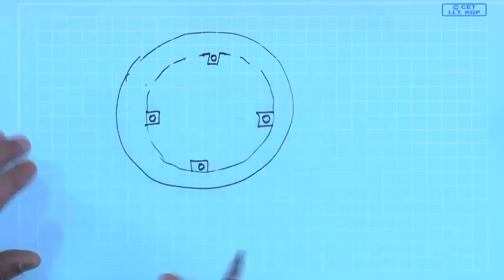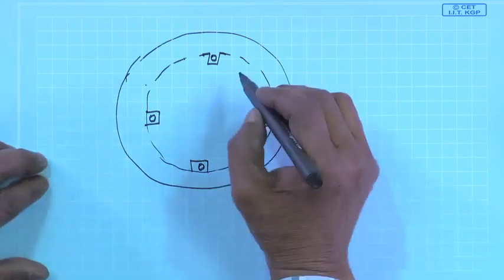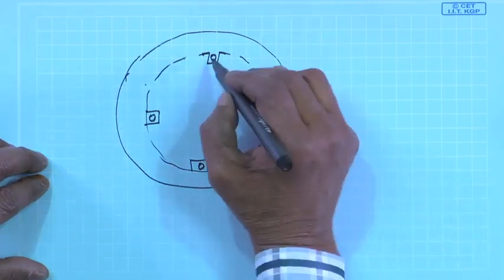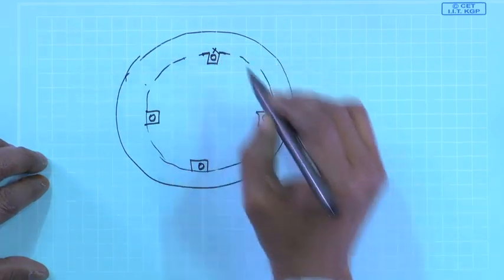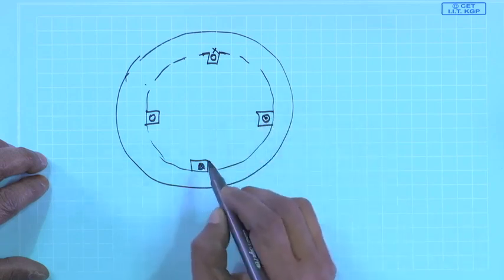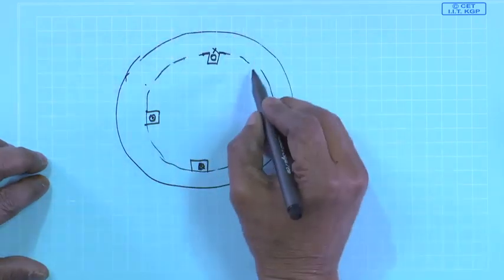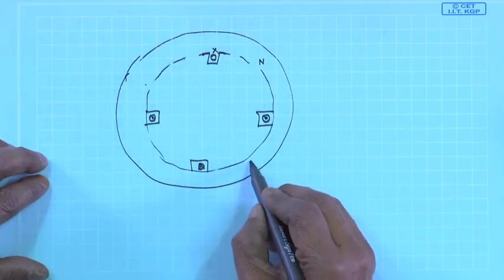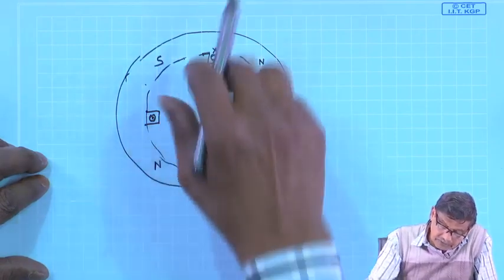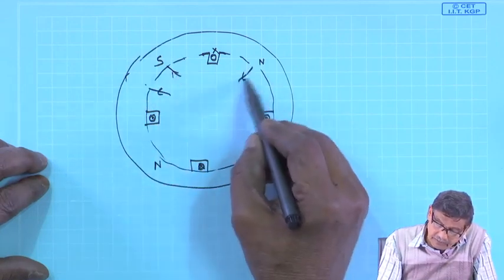Suppose I have wound the machine for 4 poles. So, this is cross, you pass some current, its return is here dot, it is cross and it is dot, and you get 4 poles created. This will be north, this will be south, this will be north, and this will be south, because lines of force will come out.